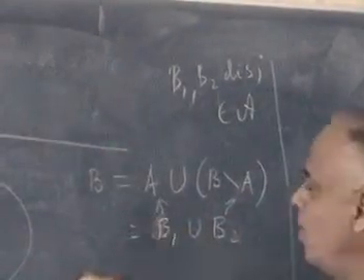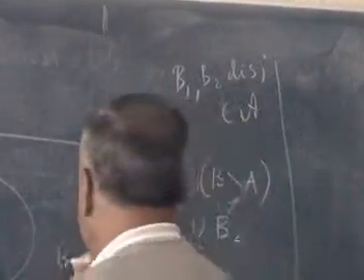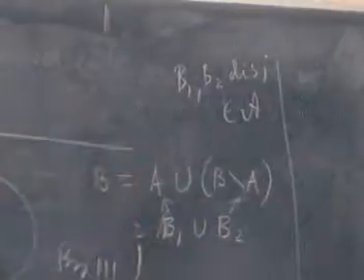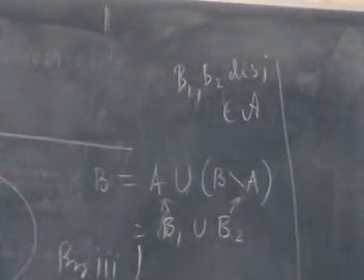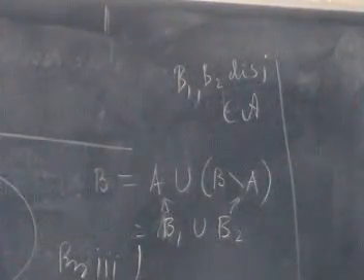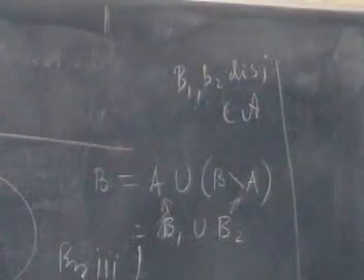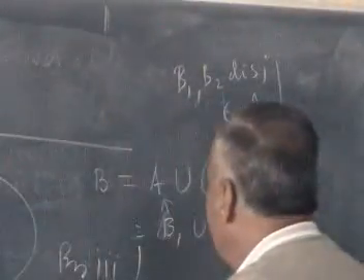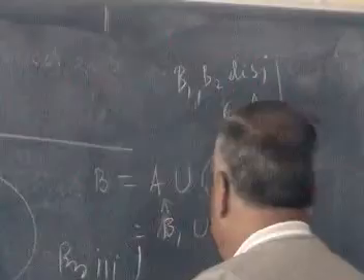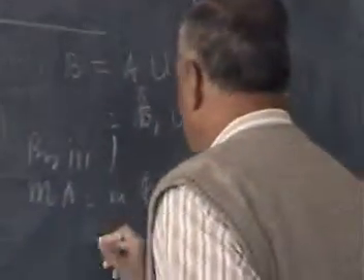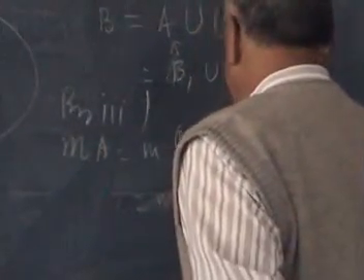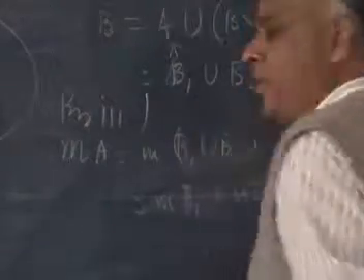Now therefore, by the finite additivity, when you have two disjoint fellows in the algebra, M of the union is there. So therefore, M of B, which is M of B1 union B2, is M of B1 plus M of B2.